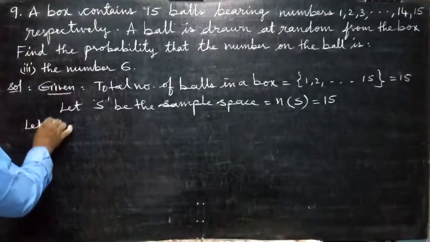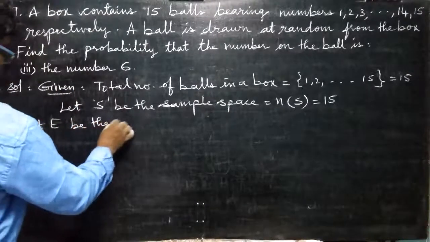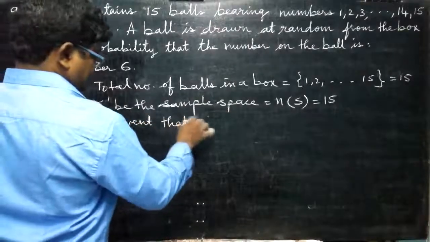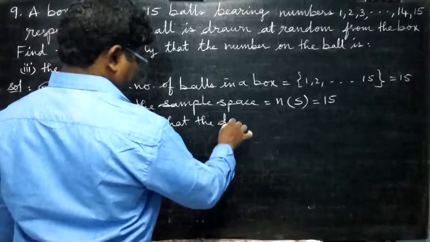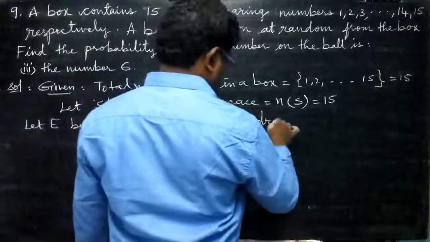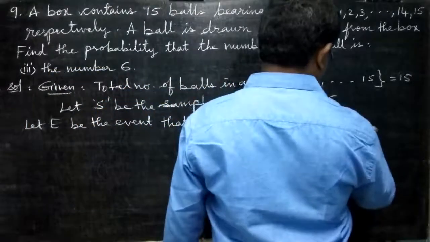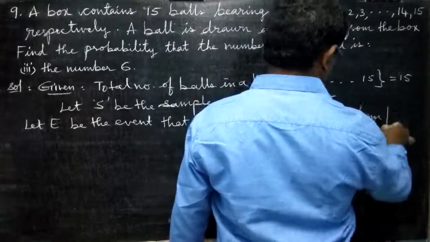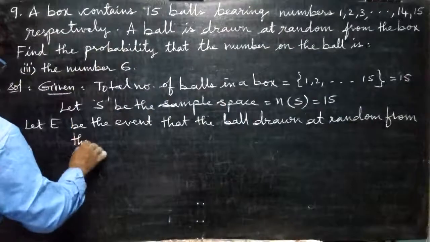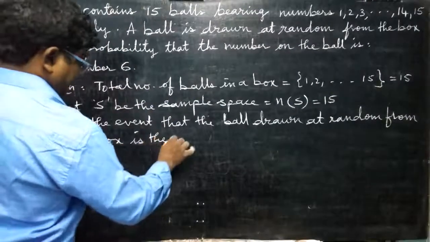And let E be the event that the ball drawn at random from the box is the number 6.